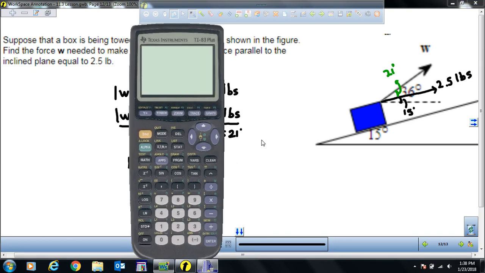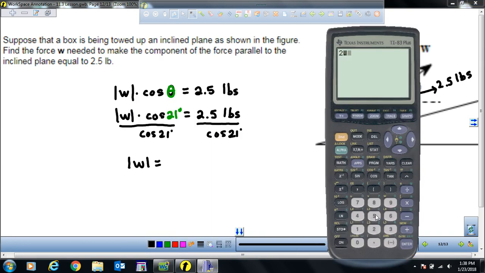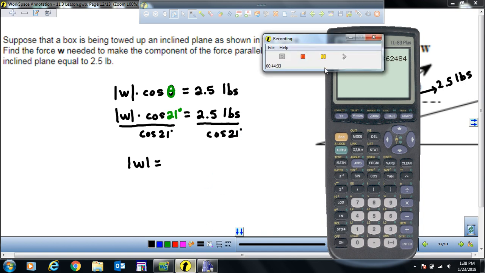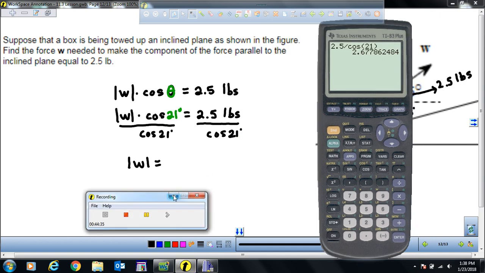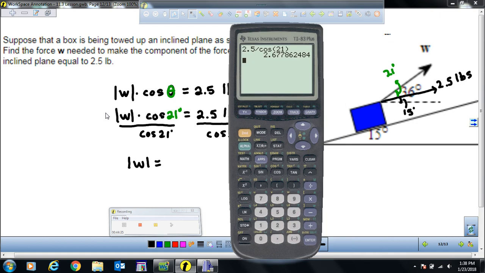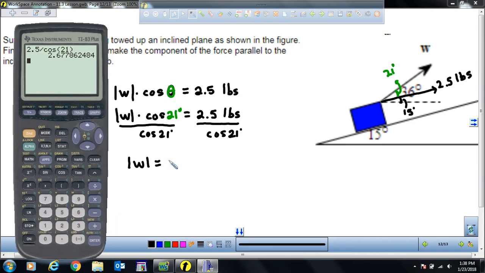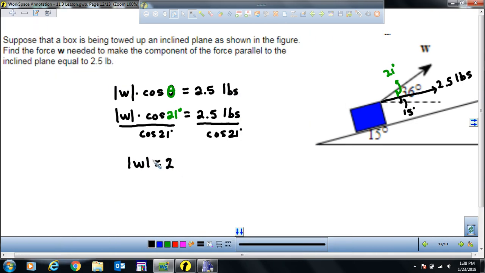So we divide 2.5 by cosine of 21 degrees. That gives me 2.7. So that's going to be the magnitude of that vector W. I'm not going to say equal, but approximately equal to 2.7 pounds.